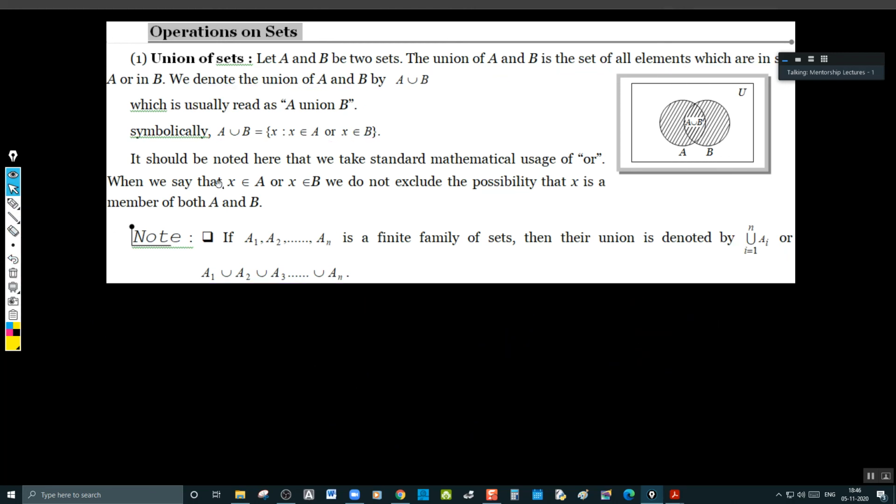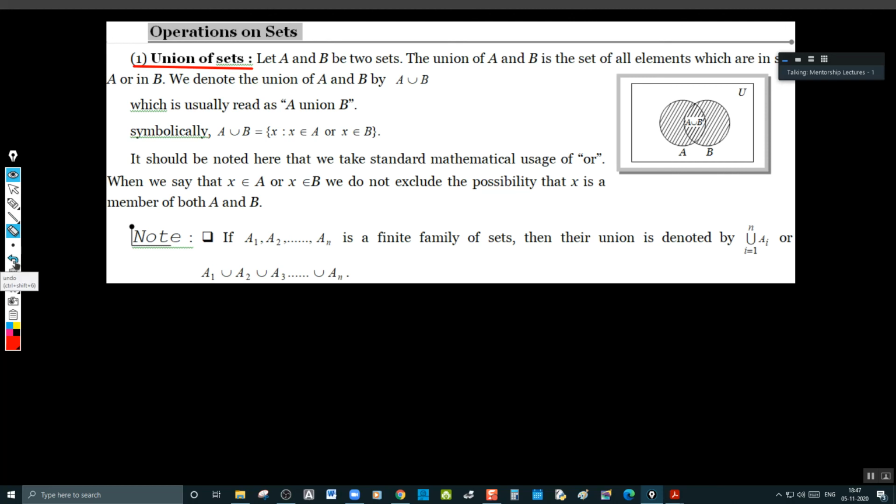Okay. So operations on sets, what we have learned first is union of sets. Let us see what the other operations left over are, and we will continue in the next class. We'll be closing now, but let us understand what we are going to learn in the next class.